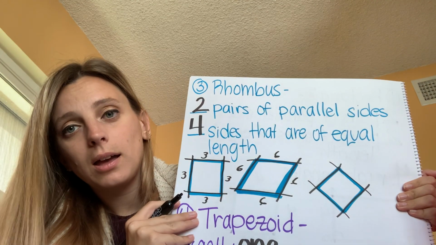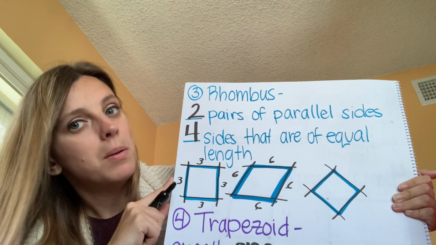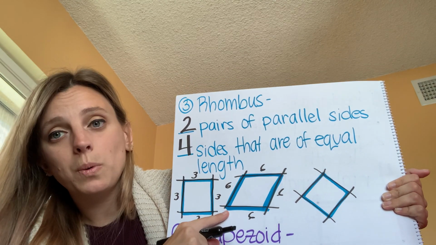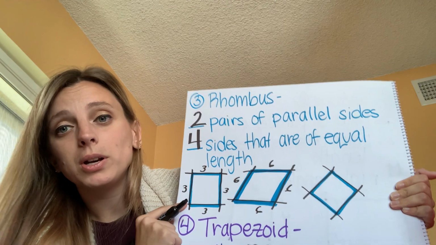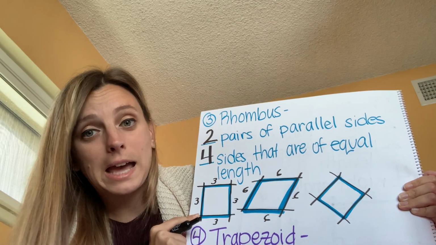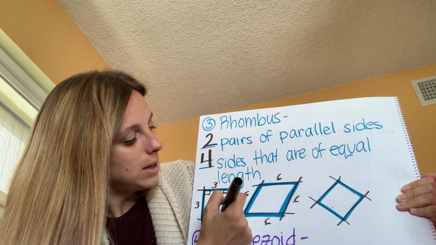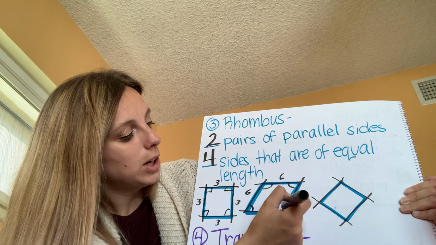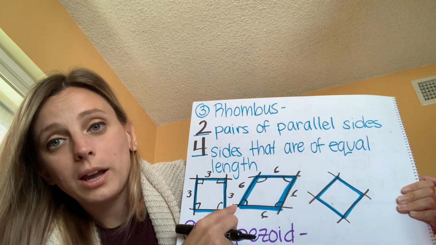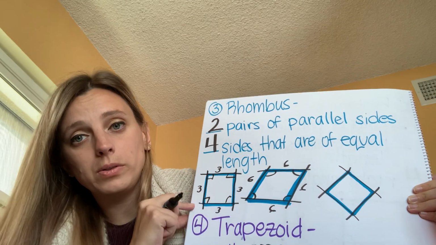So again, a square could be an example of a rhombus, but not all rhombuses are squares, because if you remember, squares have to have right angles. A rhombus doesn't have to have right angles. It can, but it doesn't have to. Here we see this parallelogram, or rhombus, has acute and obtuse angles that make it up.